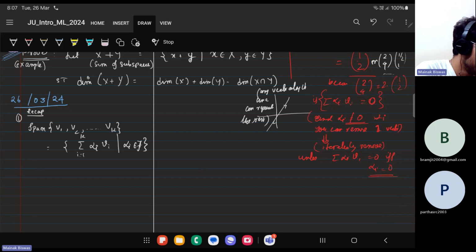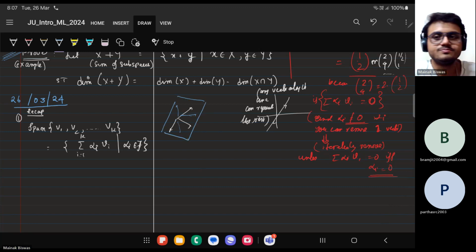So we had seen that if we have a few vectors, we can always take their linear combinations, and they end up making a plane in k-dimensional space, depending on the number of vectors.